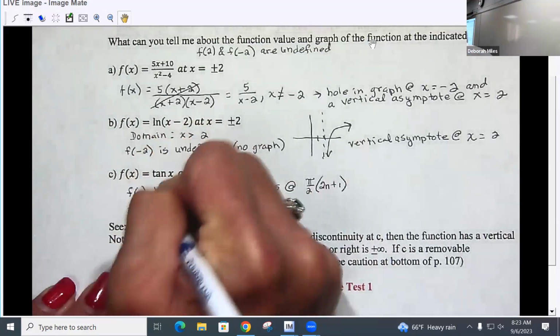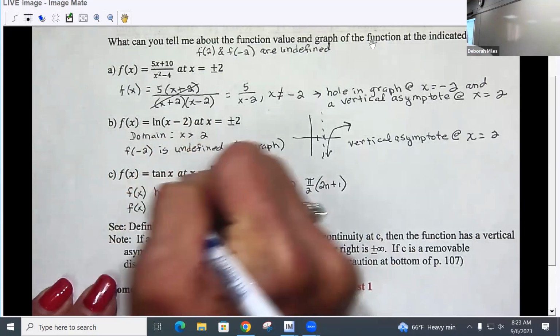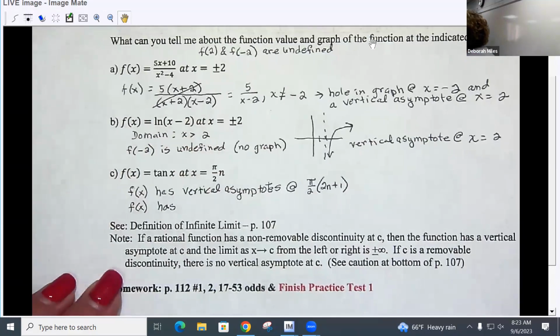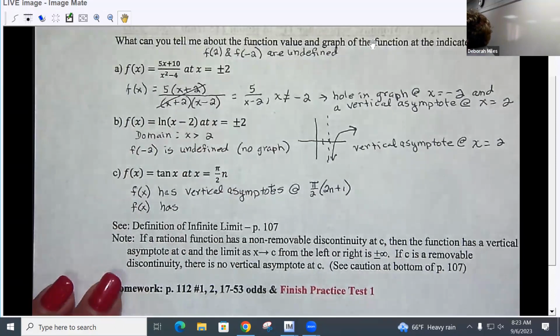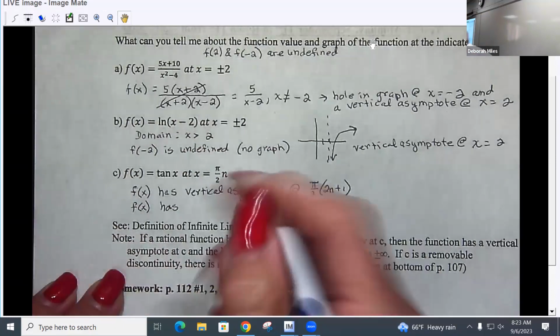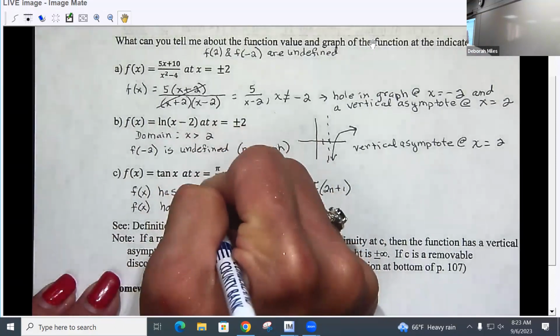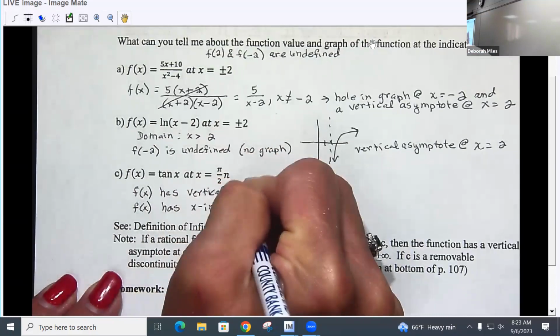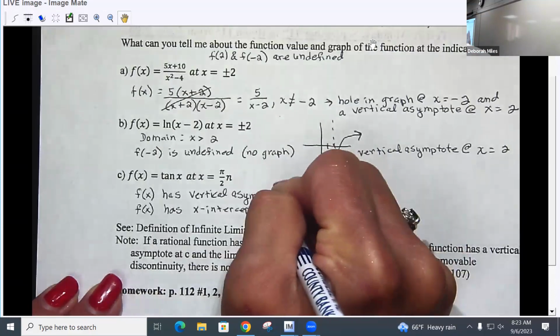f of x has, what's going on at the whole pi's, the tangent? It's at like 0. You've got x-intercept at the whole pi.